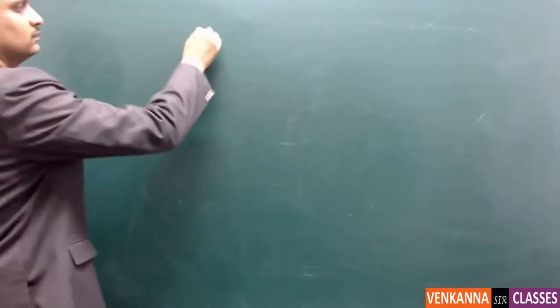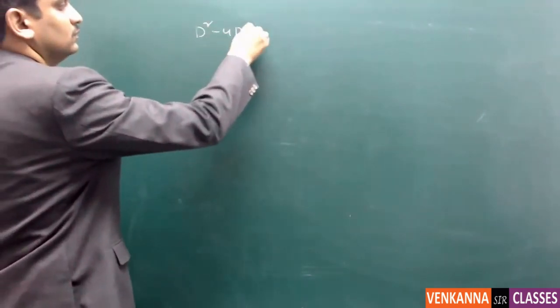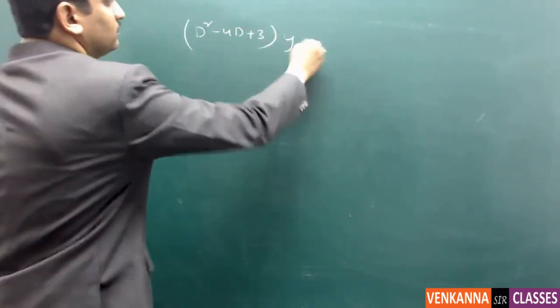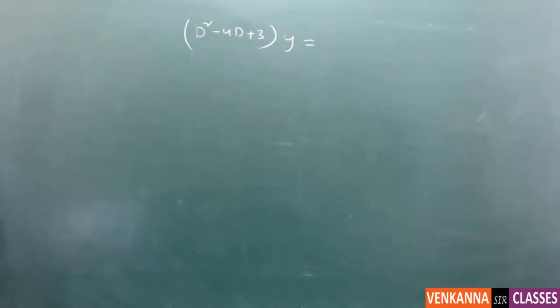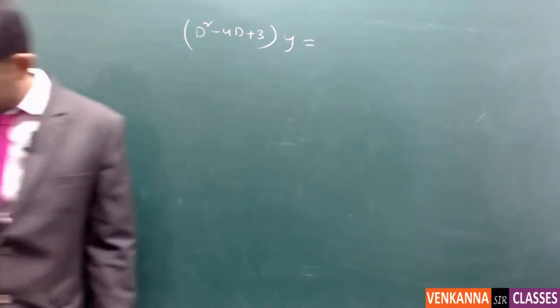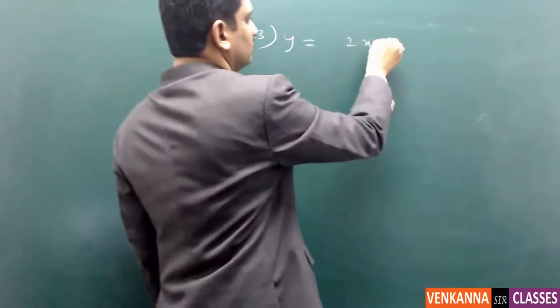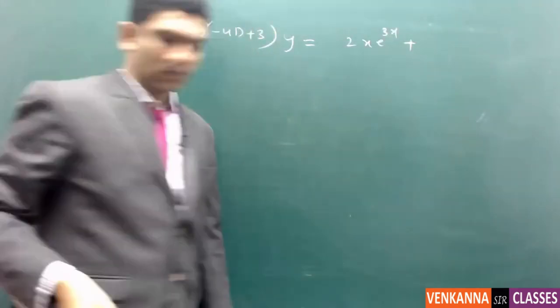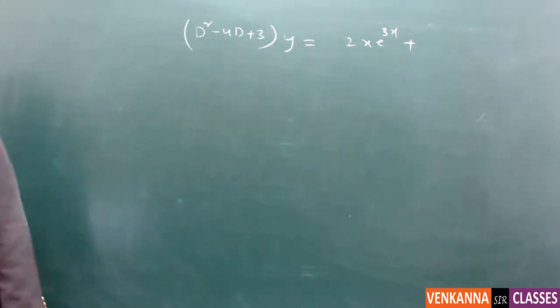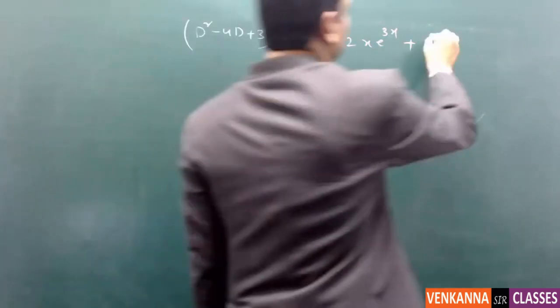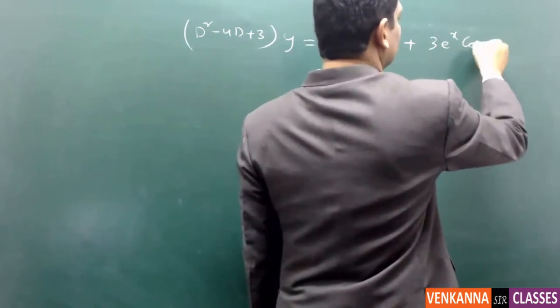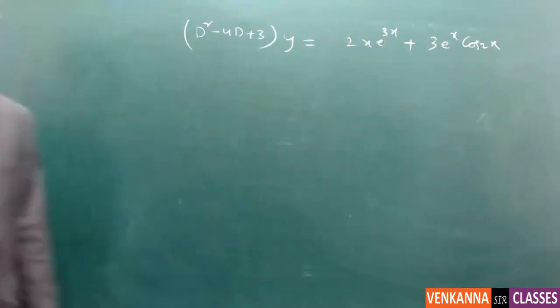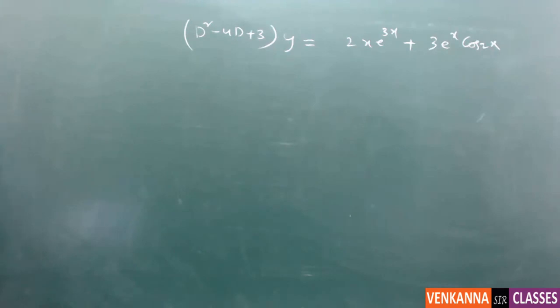Please note down: d square minus 4d plus 3 into y equal to 2x e power 3x plus 3 into e power x cos 2x. That is the problem. Straight away I will start with yp.